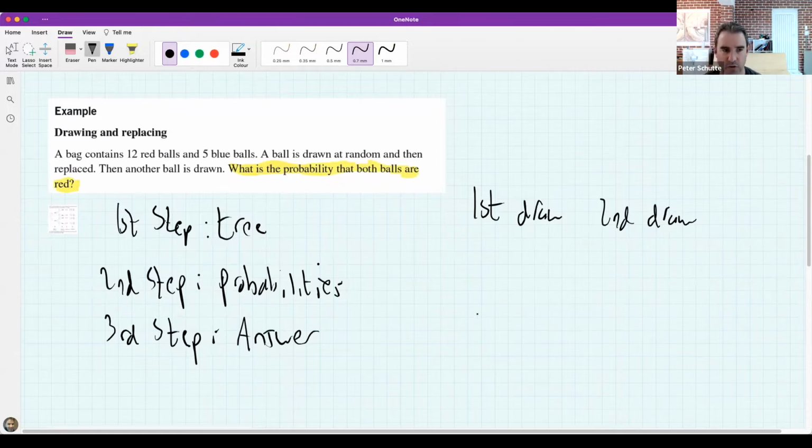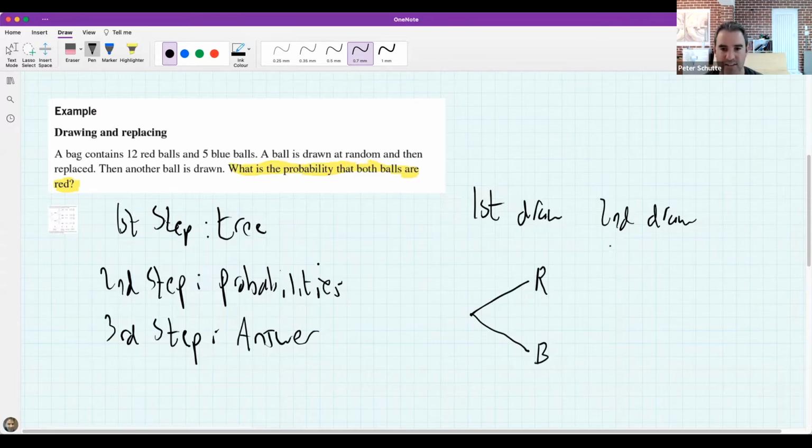Sorry, Mr. S, there's a question from Katja in the chat asking, how do you know when to extend the tree diagram? Okay, the first level of the tree diagram, the first draw, has 2 options. The first option is red, and the other one is blue. If you only drew it once, your tree diagram would look like that.